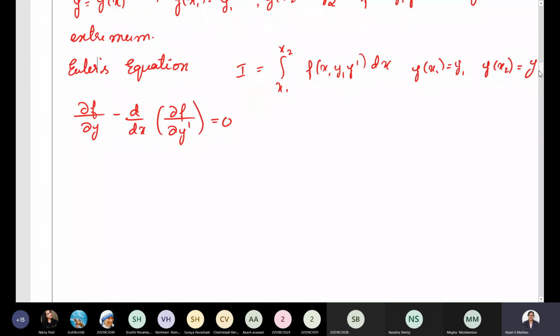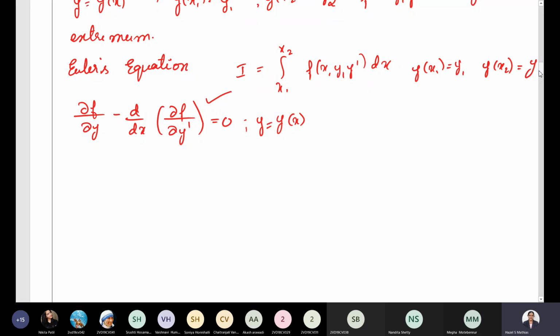So this is the necessary condition for the functional to achieve an extremum, and this is the condition which needs to be satisfied.